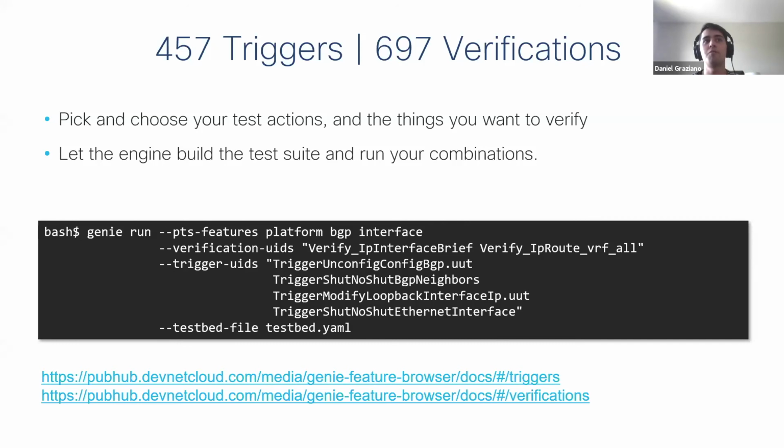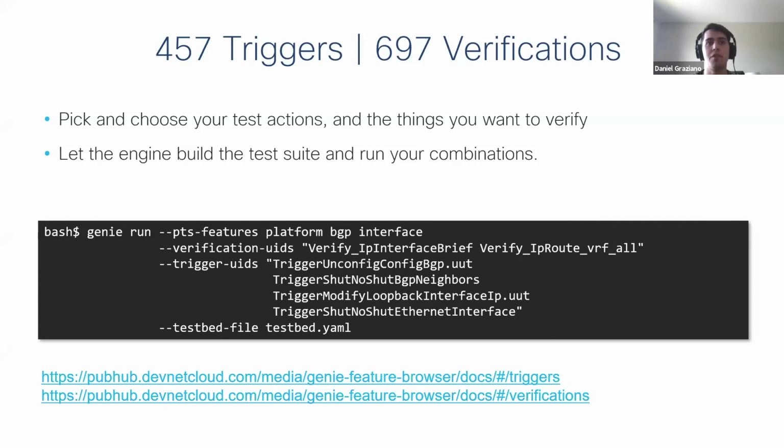Currently we have 457 triggers and 697 verifications that you're free to pick and choose for your test actions and the things you want to verify. You can let the engine build the test suite and run your combinations. In this example, the triggers are going to be unconfiguring and configuring BGP, shutting and no shutting BGP neighbors, modifying the loopback interface IP, and shutting and no shutting the Ethernet interface.